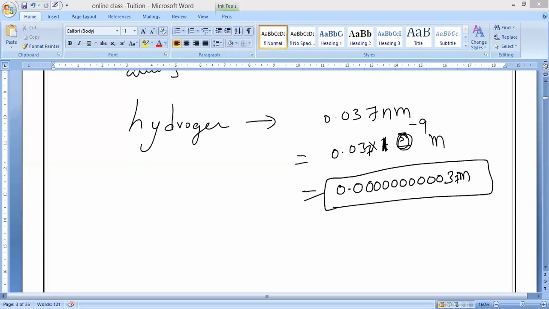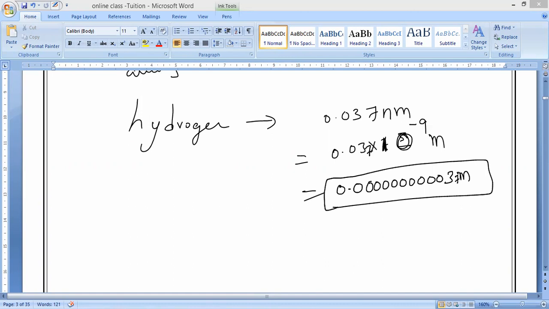Can you say the size of the atom of hydrogen, the hydrogen molecule, and water? 0.037, 10 power minus.